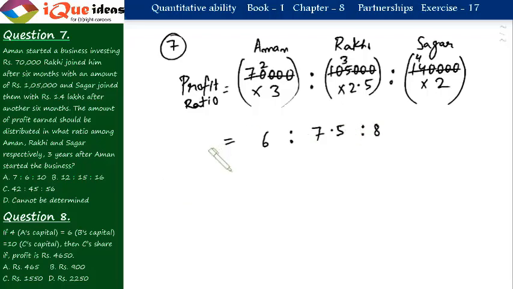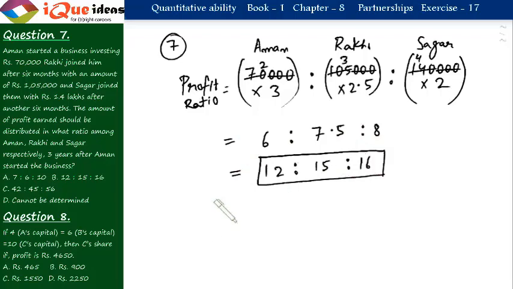Now to remove the decimal, multiply by 2 to each one of them. So we have 12 is to 15 is to 16. Right? So the ratio is 12 is to 15 is to 16. Here, because there is no information given about the withdrawal, we'll assume that there has been no withdrawal. Hence, the final ratio of profits at the end of 3 years will be 12 is to 15 is to 16.